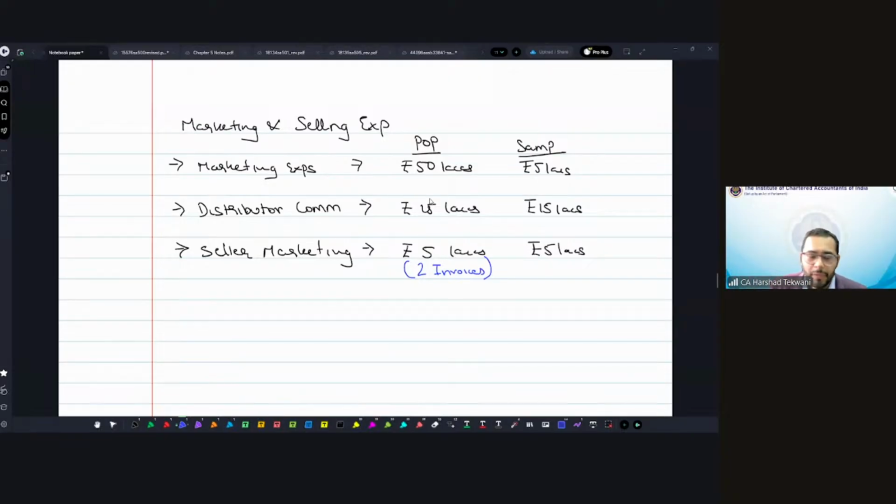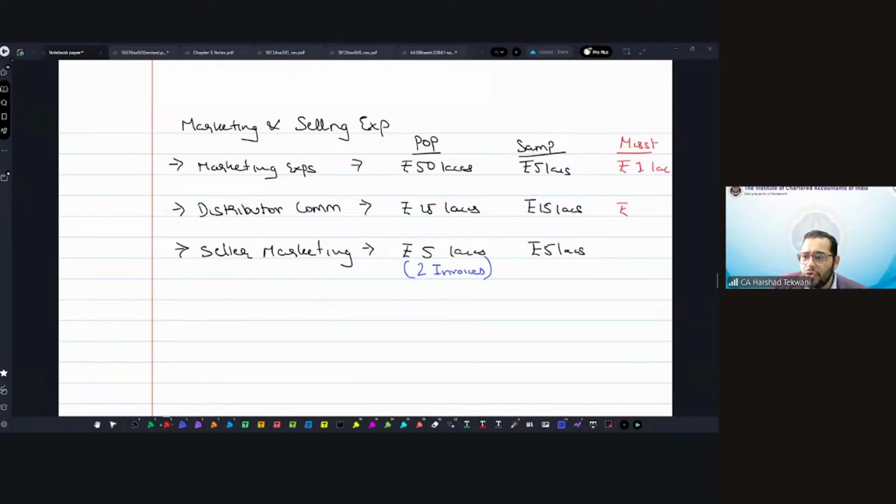5 lakh, 5 lakh. Now, while testing, you identified misstatement. The misstatement amount in this scenario, let's say you tested 5 lakhs, and hypothetically 1 lakh rupee is a misstatement amount.